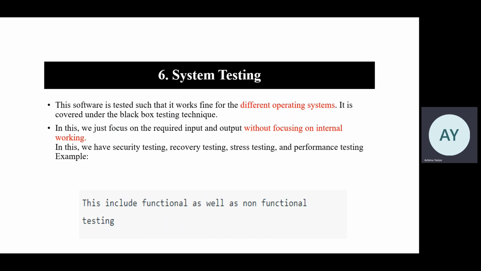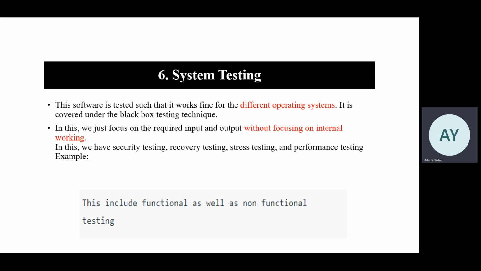Next is system testing. As the name itself implies, here we are testing the entire system. So here you need to test your complete system. When you are testing your entire system, you want to test by including both functional as well as non-functional testing, meaning the entire thing.